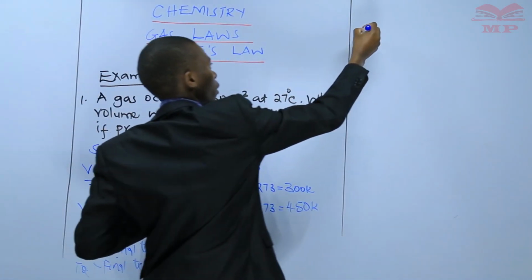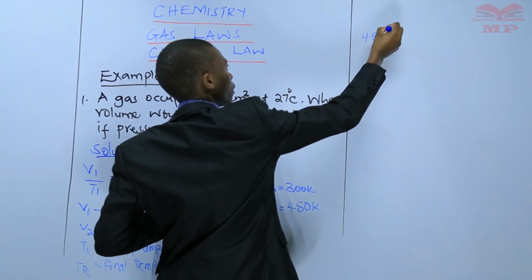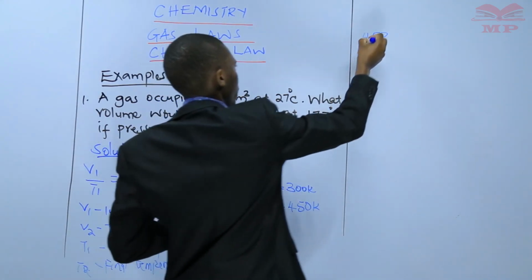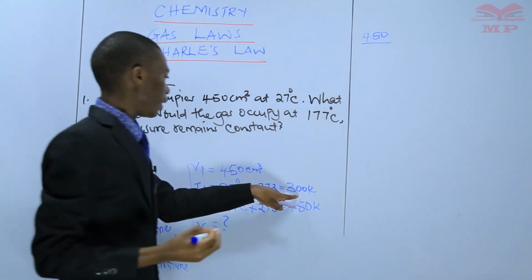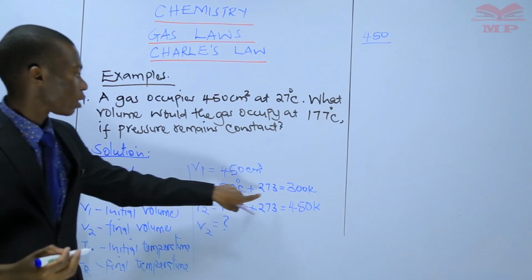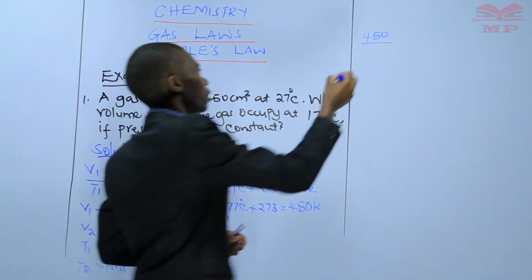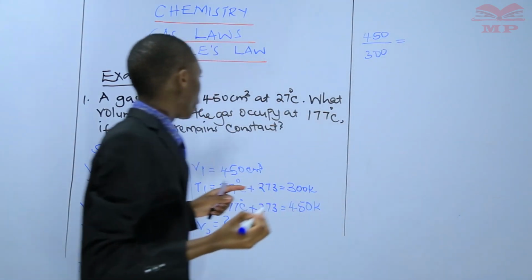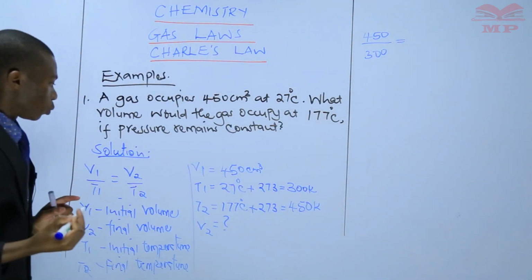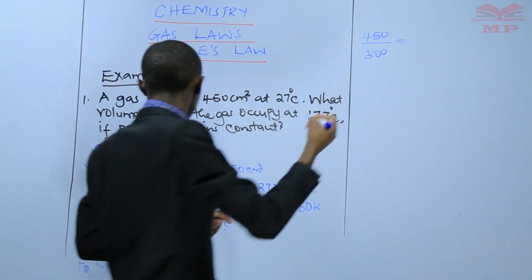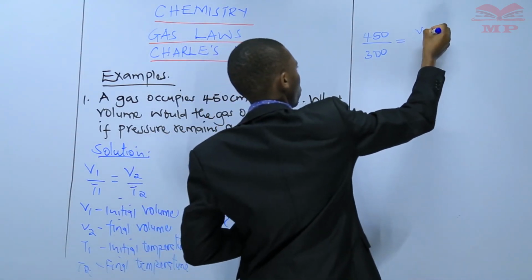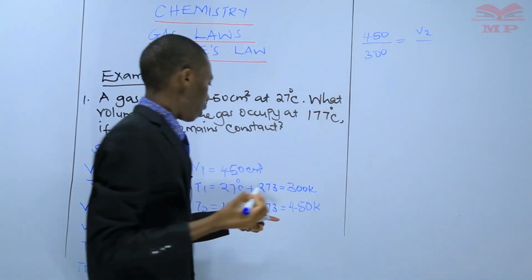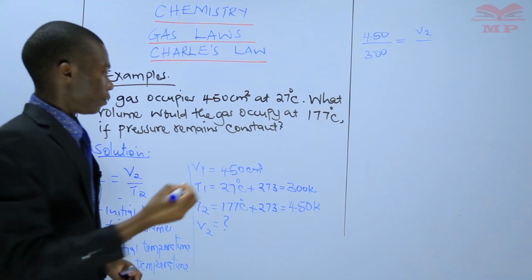V1 is 450 divided by T1, which is now 300 Kelvin. Don't use 27, but 300 Kelvin. So 450 over 300 is equal to V2, which we don't have, divided by T2. And our T2 is 450 Kelvin.